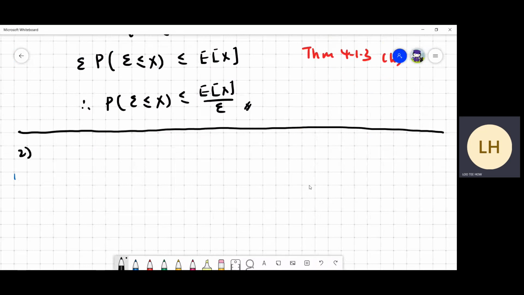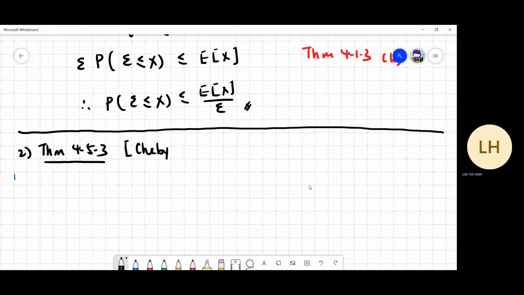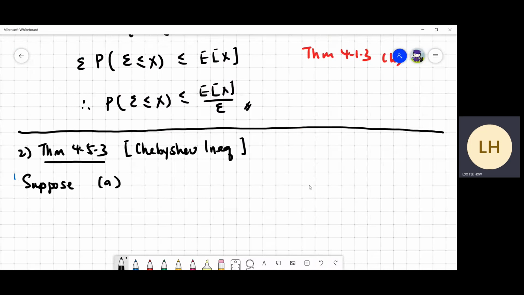Next, we look at theorem 4.5.3. This is known as the Chebyshev inequality. There are altogether 3 hypotheses. Let's look at the statement. Suppose A, X is greater or equal to 0. Of course, here X has to be a random variable.